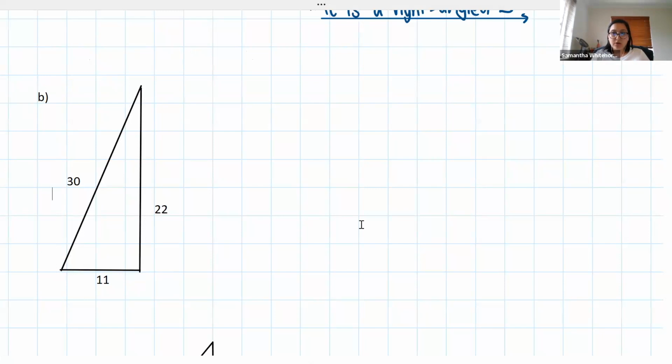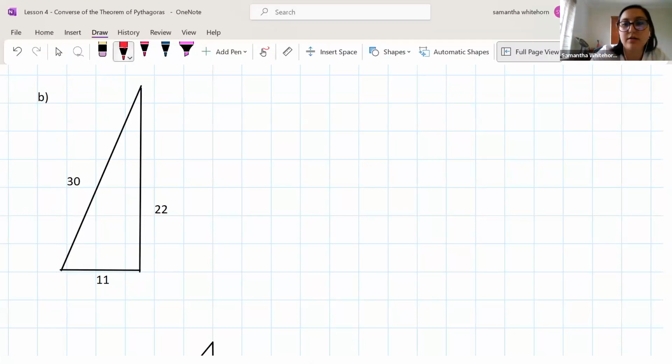Right, so let's give this one a go. This is your last one. I'm going to give you 2 minutes. Let's give it a try. Remember, first thing you do, identify your longest side.